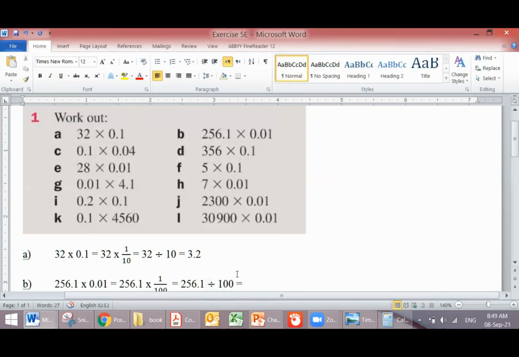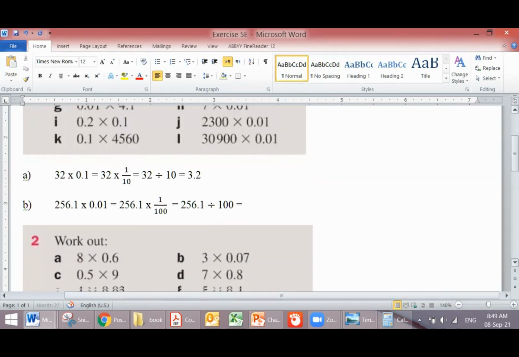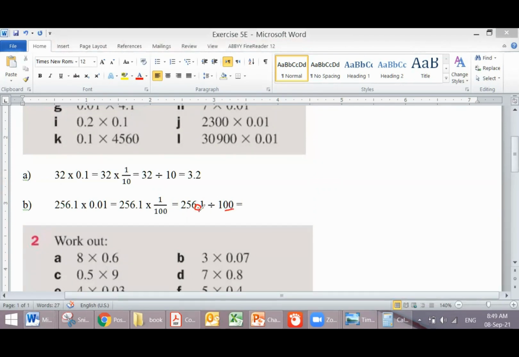Okay, so dividing by 100 is very easy. You have to put the decimal point two decimal places left. Here you can see that I will choose this decimal point, and because 100 has two zeros with it, so I will shift this decimal point two values to the left. Okay, two values to the left.